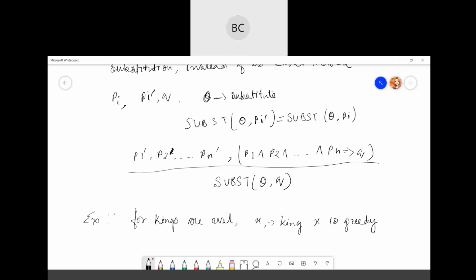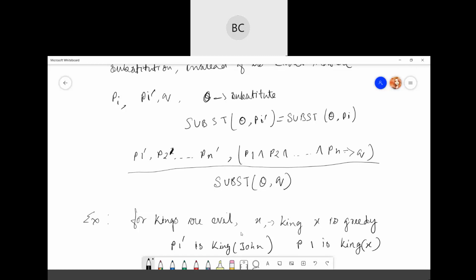We can substitute the king with some other variable. Let's say P1 dash is King John and P1 is King x.